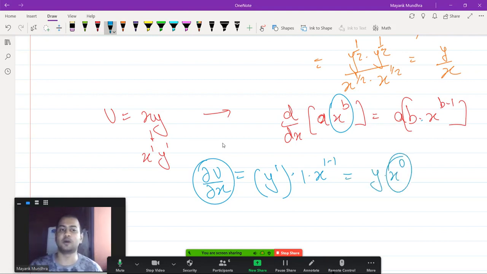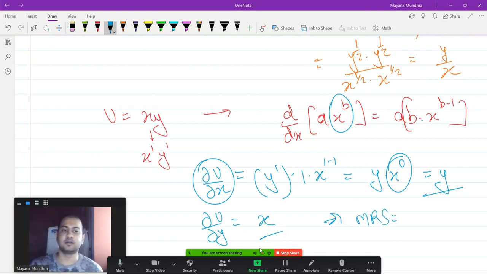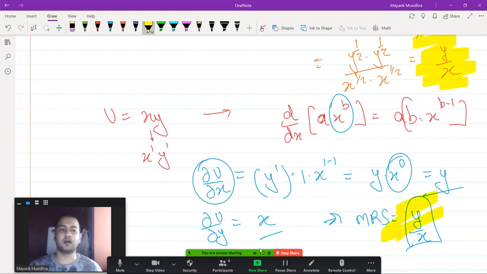Anything to the power 0 is 1. So this is y. Similarly, you will get del u by del y as x. So this implies that MRS is equal to y by x. Right? So MRS is y by x, which is same as what we obtained earlier.